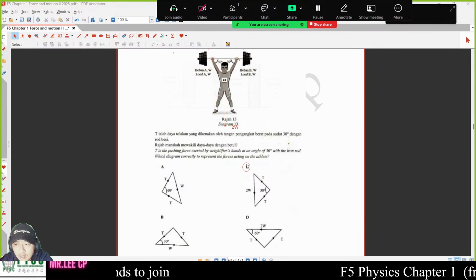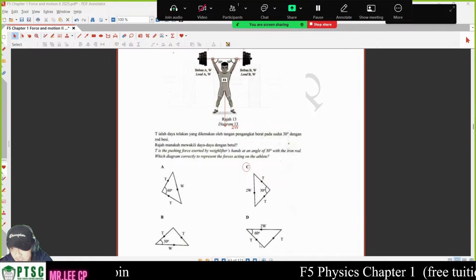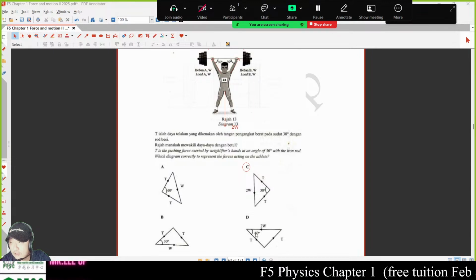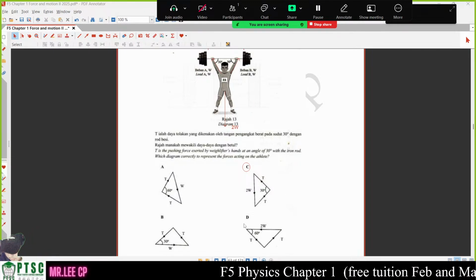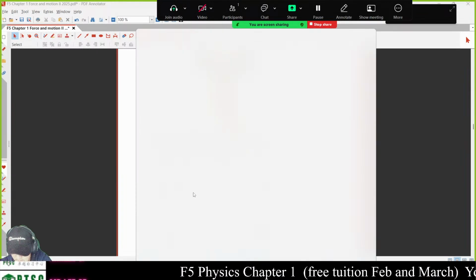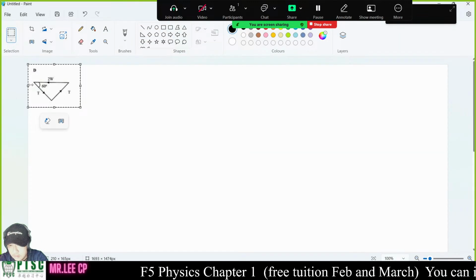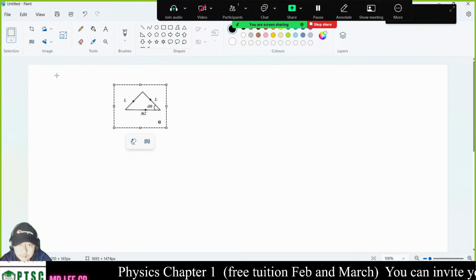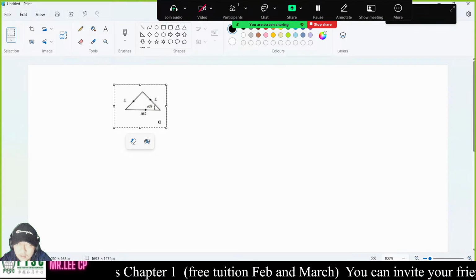Oh, I know already. Their direction is T. You cannot see it from here. Normally, we'll draw the direction exactly the same as what they have. Okay, never mind. I am going to screenshot this one. I try. T. Never mind.